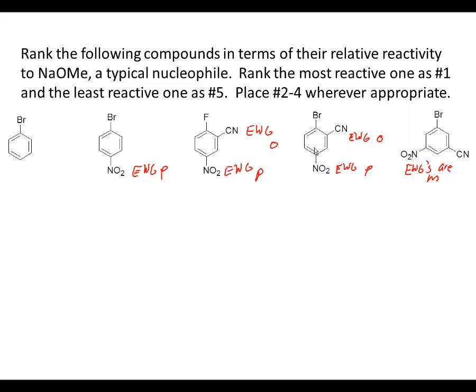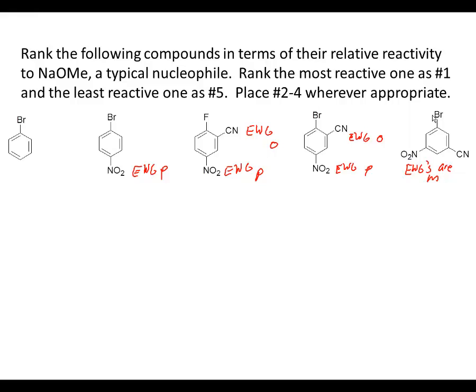So we're going to choose the one that's got fluorine and the ortho and para groups in the right position as number 1. This is going to be number 2. It's not quite as good because it's bromine, but it's still pretty good. We'll choose this as number 3 because it has a group para.